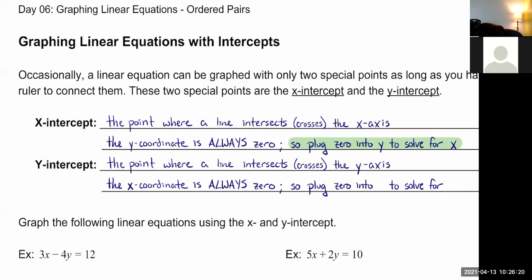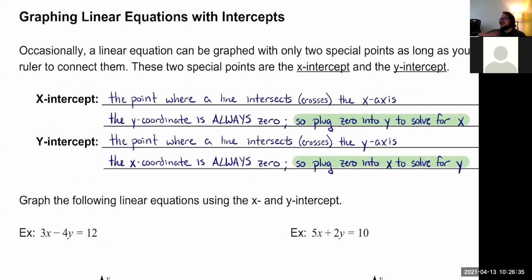So you'll plug 0 into x to solve for y. And if you're not sure, take a look at any of your coordinate planes, pick any point on the y-axis and think about what its coordinates would be. All of the points on the y-axis will always be 0 something.